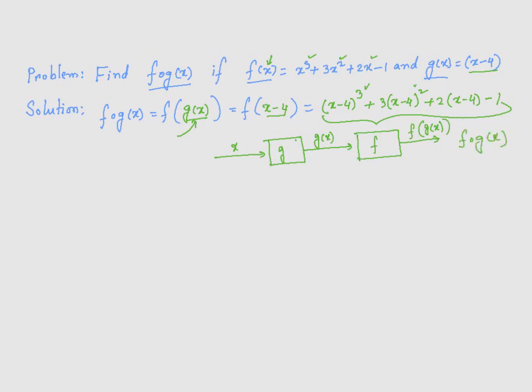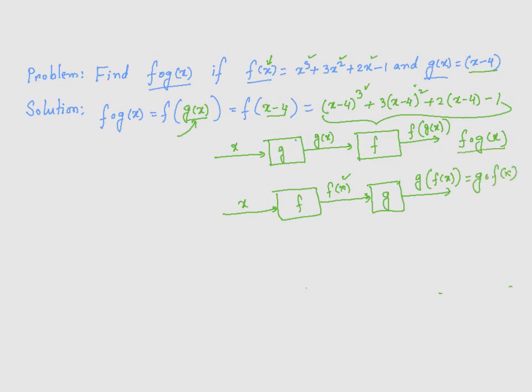Now, by the way, you could do the composition the other way. You just have to switch the functions. Like you give it an input x, this is going to give you f of x, and this f of x goes as an input to the next function g, which is going to give you g of f of x. By the way, this is g composed with f of x.